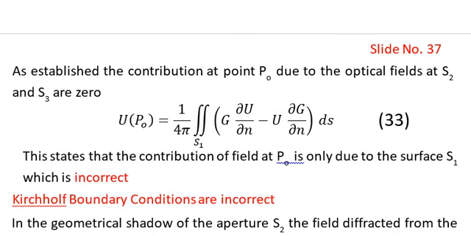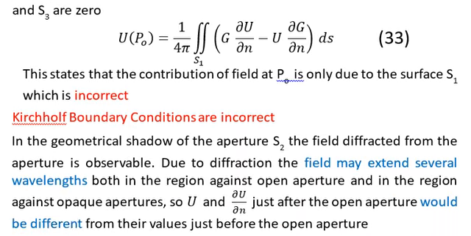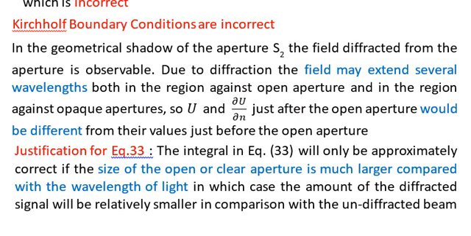But since we have observed the field behind the opaque aperture, it means that u and the partial derivative of u cannot be 0. So we cannot set the surface integral over the surface S2 equal to 0. So the contribution at P0 being only due to the surface S1, as given in equation 33, is obviously incorrect. Now, Kirchhoff boundary conditions are incorrect.